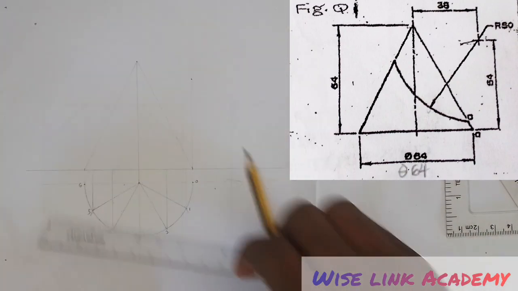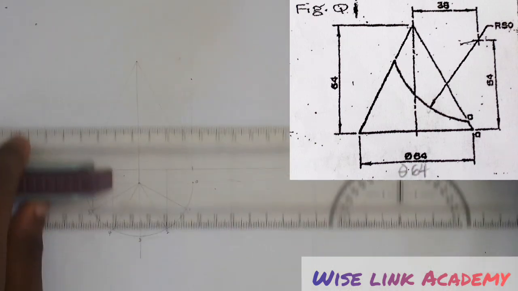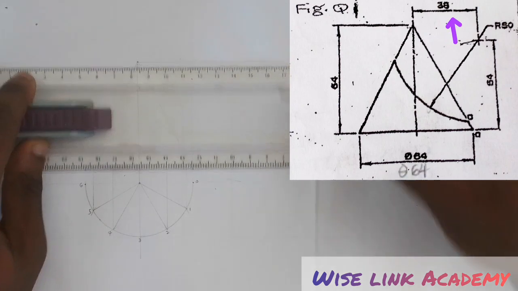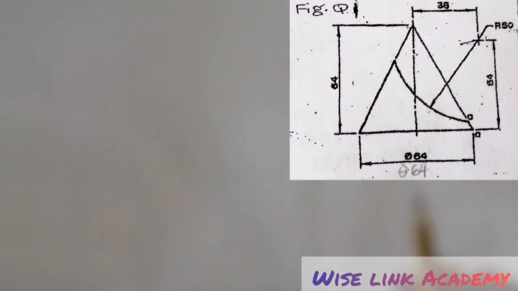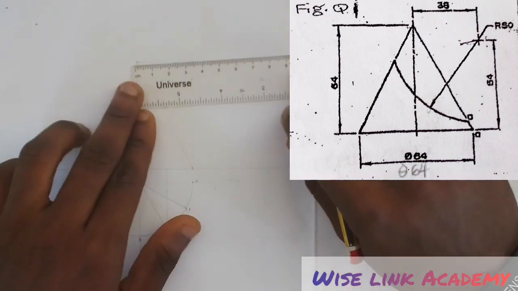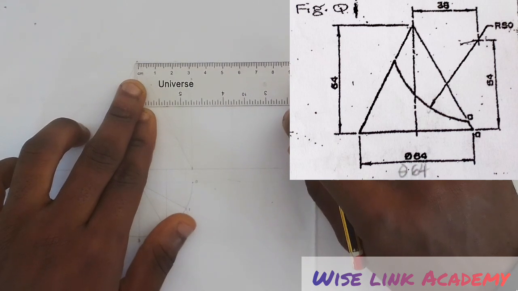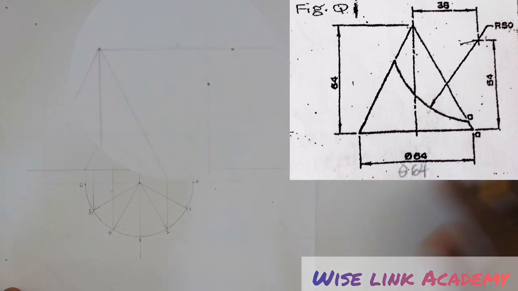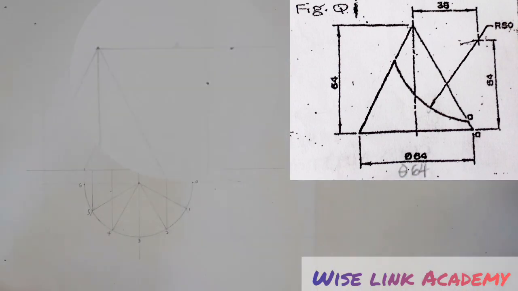Next up, I will measure a distance of what? From this apex, this upper point here, I will draw a vertical line and a horizontal line this way, right? And I'll measure what? 38. So from here, somewhere here is 38, right? So I'll make sure these two points meet together. How?